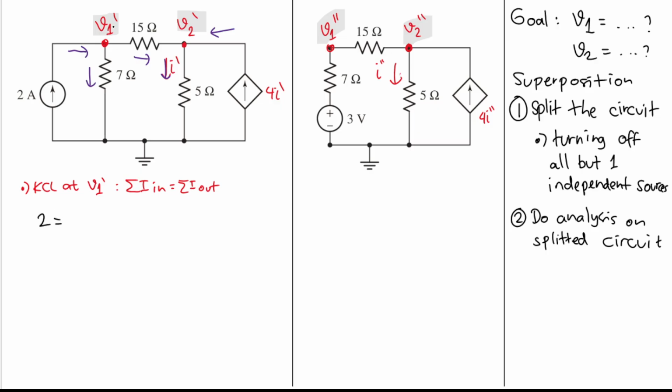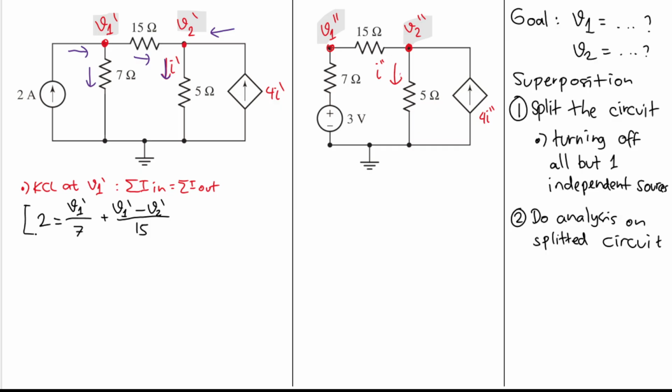And then we will have V1 prime minus 0, that is V1 prime, divided by 7, which is the resistance between them. Good, and then this one here, so we'll have plus V1 prime minus V2 prime, divided by the resistance between them, which is 15 here.